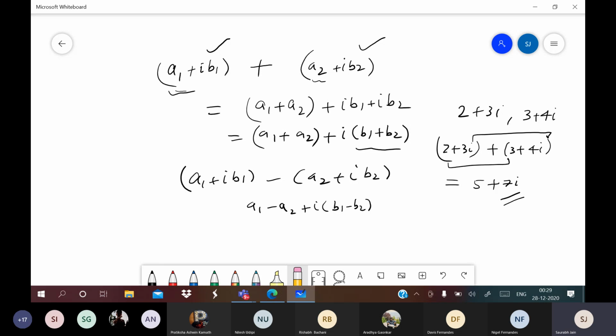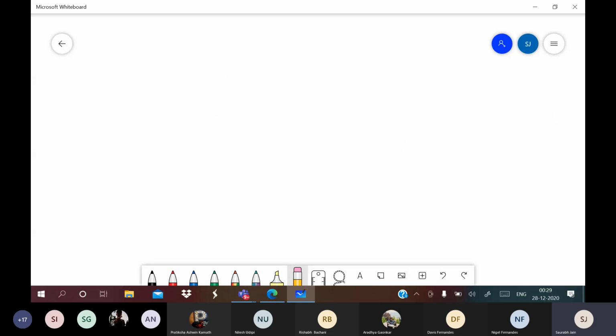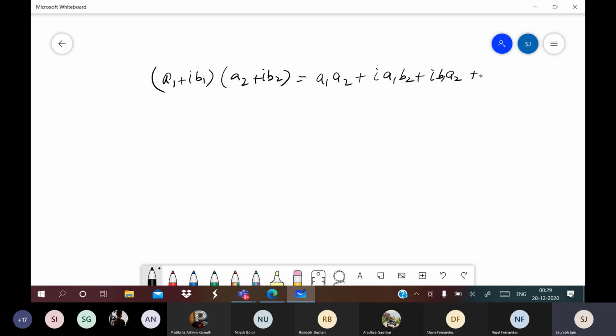Same in multiplication also, you can multiply 1 by 1. Suppose you have a1 plus iota b1 and you want to multiply it with a2 plus iota b2. So you start multiplying just like the normal multiplication. So a1 will get multiplied with a2, then a1 with iota b2 can be written as iota a1 b2, then iota b1 a2, and finally iota square b1 b2.